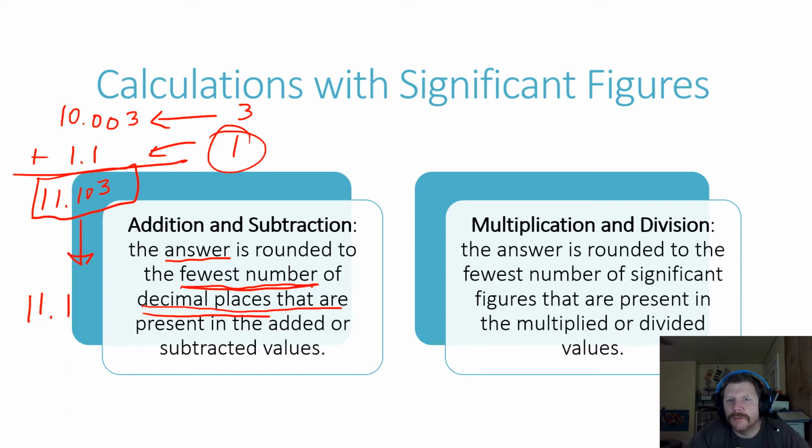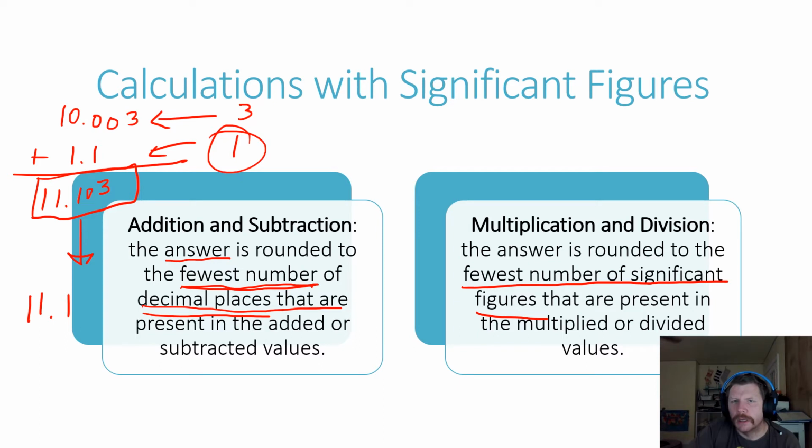Now multiplication and division have slightly different rules. The answer is rounded to the fewest number of significant figures. Notice that for addition and subtraction we were talking about decimal places, whereas for multiplication and division we're looking at significant figures.